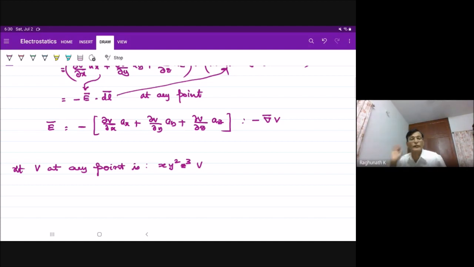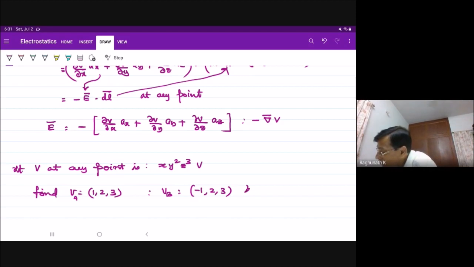Let this be the function. I want to find V at 1, 2, 3, VA, VB at minus 1, 2, 3, and E bar at 1, minus 1, 2.